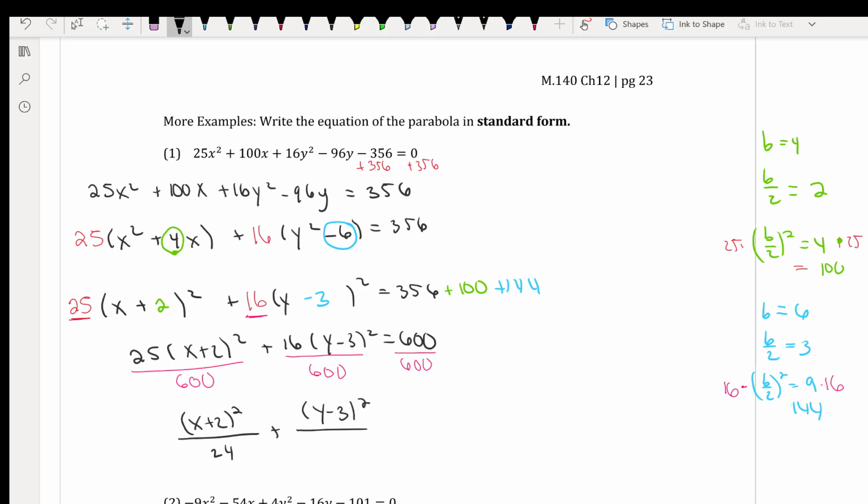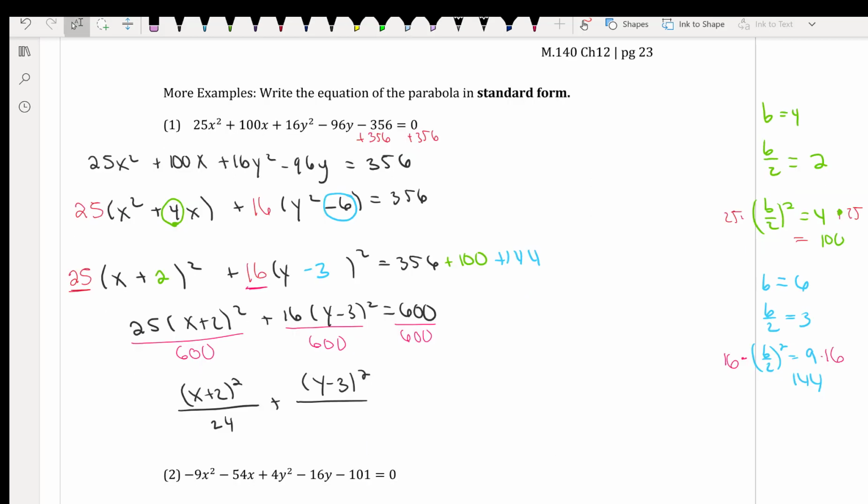And when I did the 16 divided by 600, I got a 2 out in front and a 75 in the denominator. And 600 divided by 600 is a 1.